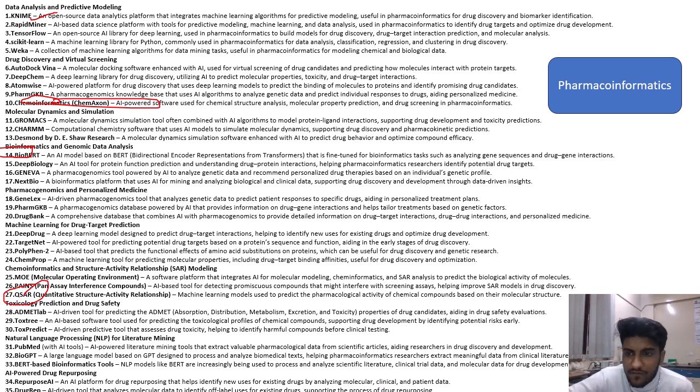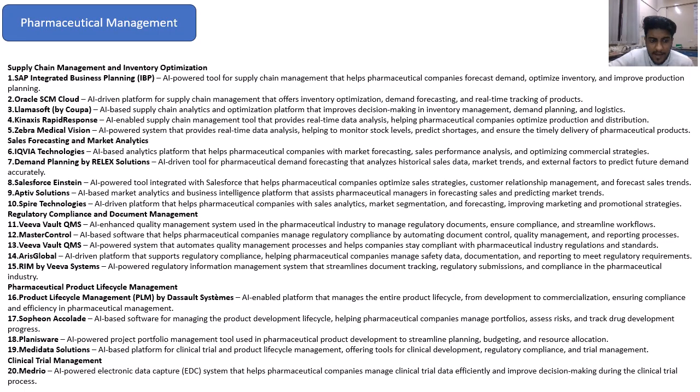Next, we have pharmaceutical management. Pharmaceutical management covers everything from finance, marketing, promotion, operations, product life cycle management, corporate governance, ESG, CSR, all those things. Somewhere or the other, you will be having these kinds of conflict management, and there is AI. So there is Salesforce Einstein, there is Aptiv, there is Spire, MasterControl, RIM, Sophion, Medidata, Metrio.